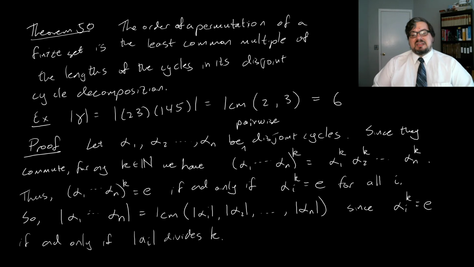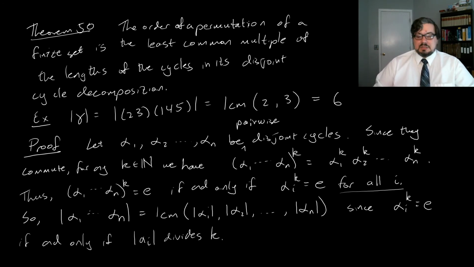An element raised to the kth is equal to the identity if and only if the order of that element divides k. So if we want all of these alpha i to the k's to be the identity for all i, then k has to be divisible by all of the orders of the alpha i. And the smallest number that does that is the least common multiple of all of the orders of the alpha i's to begin with.